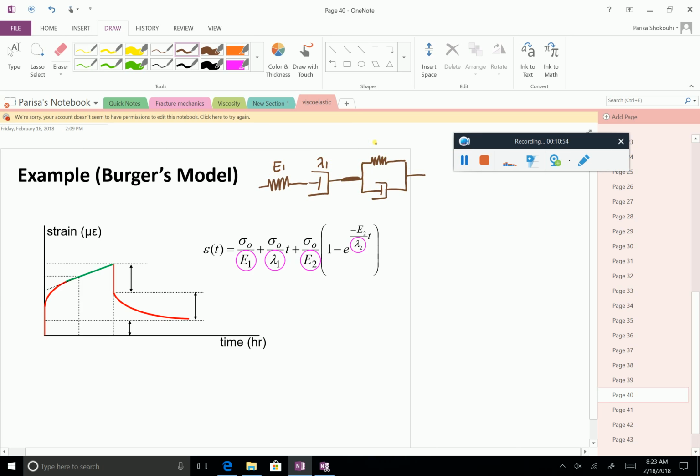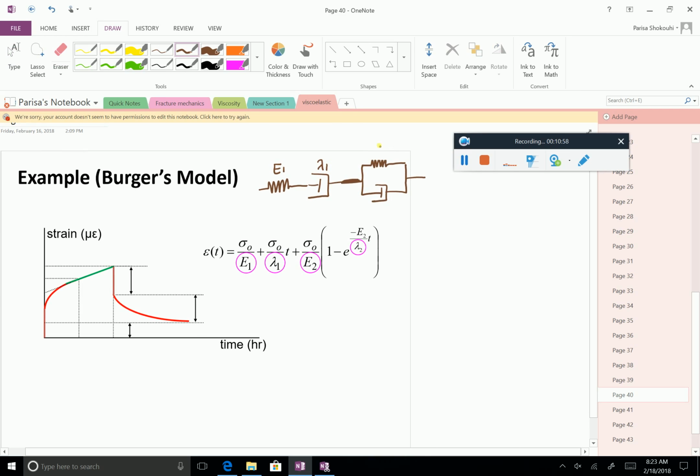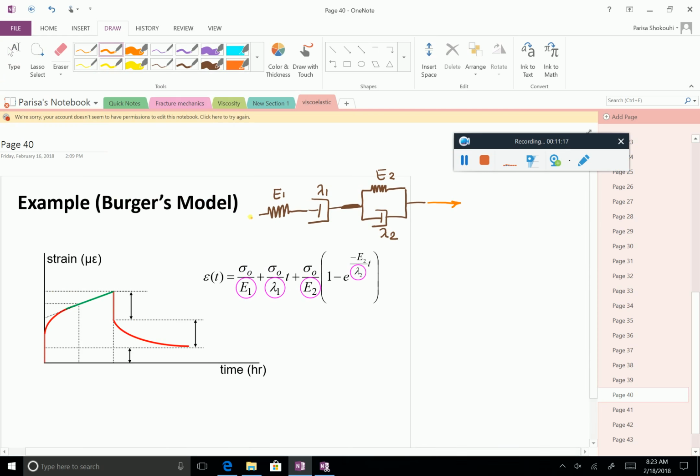So this is E2 and lambda 2, and then you apply some load, which is in this case 500 newtons.